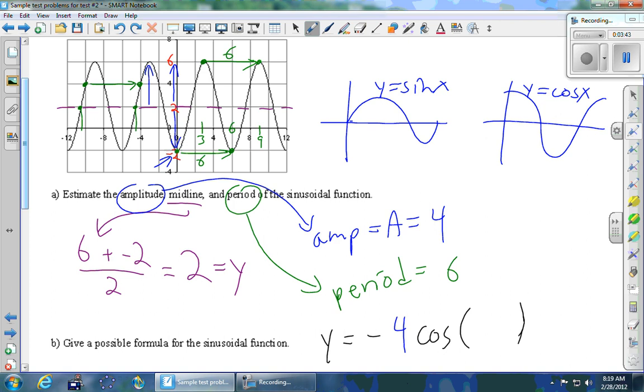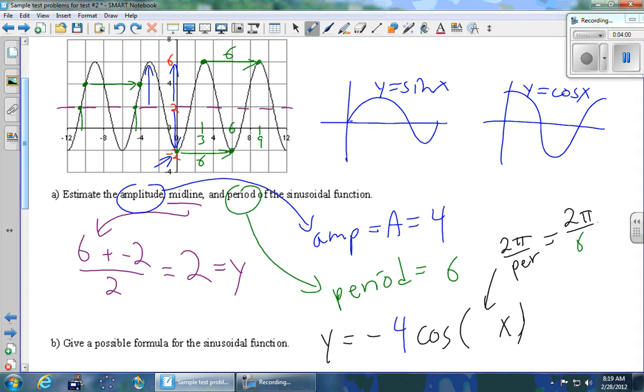The thing that goes in the parentheses, you can call it x or t, but more importantly, you need to deal with the period. And the thing that goes in here is always 2 pi divided by the period. The period we found was 6. So 2 pi over 6, which reduces to pi over 3.